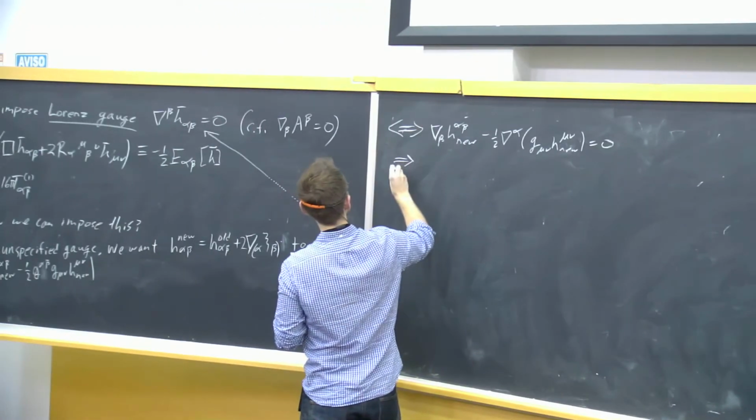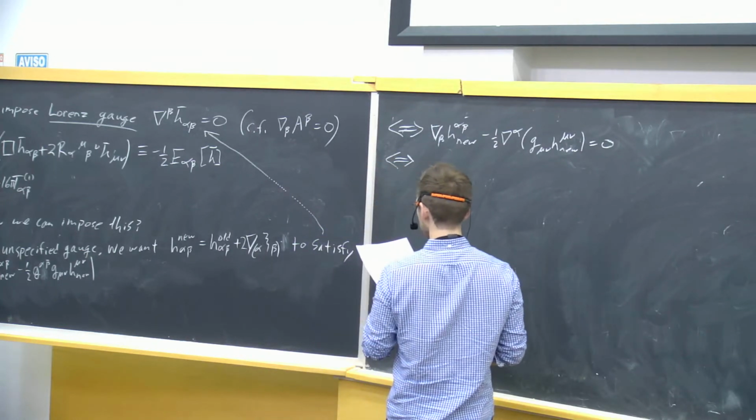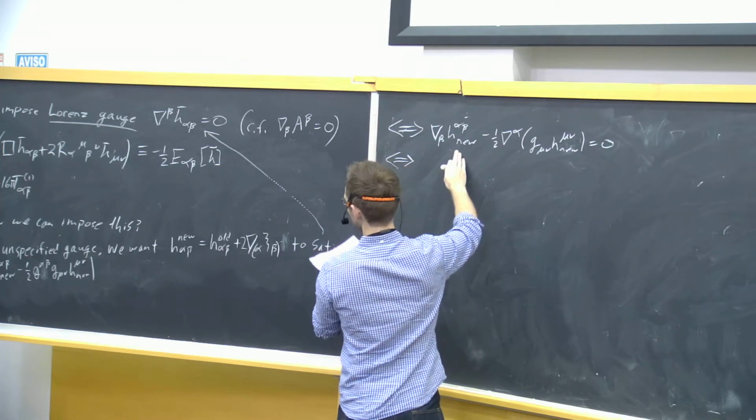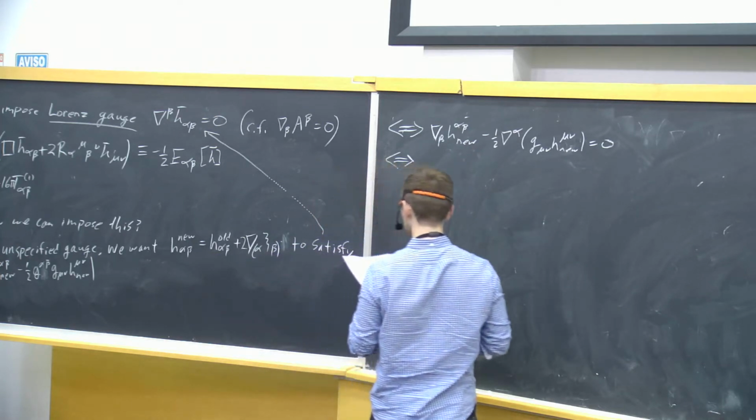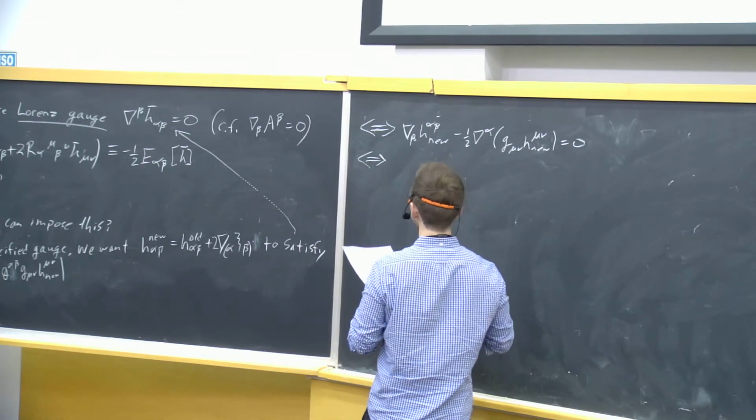And that's equal to 0 if and only if, now I'm going to substitute for h new in terms of h old and this gauge perturbation.